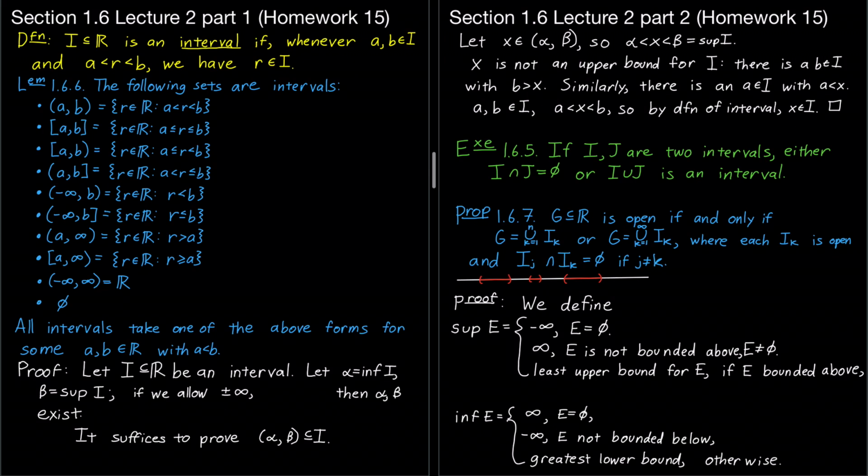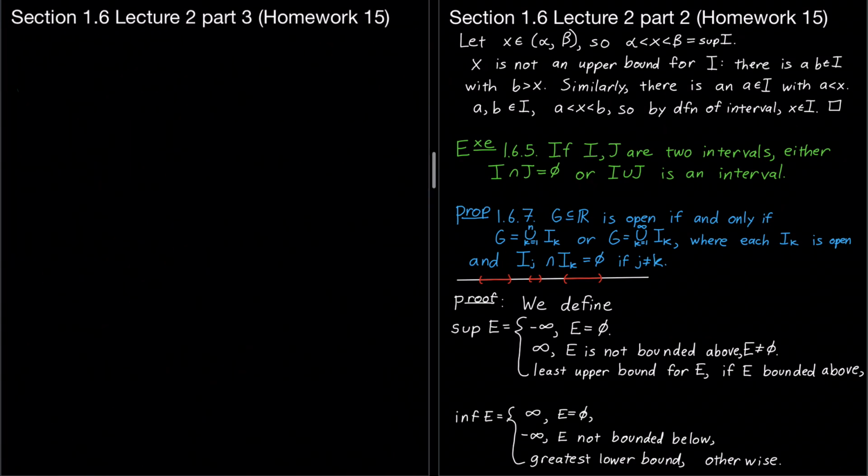So once we've got those definitions under our belt, we're going to pick an open set G, and we're going to show that G is the union of countably many disjoint open intervals.